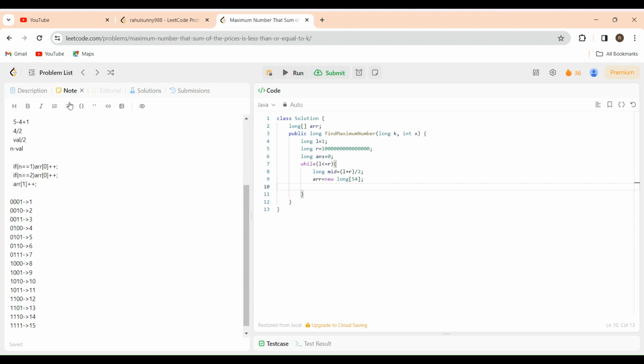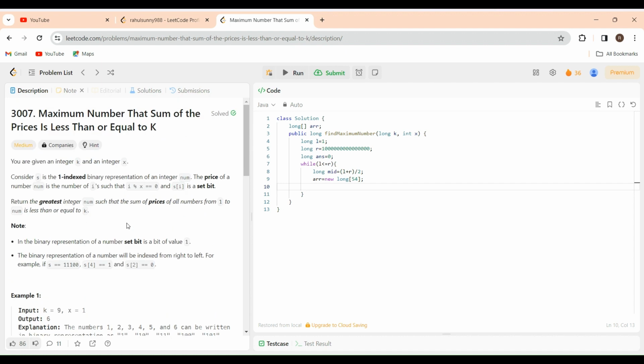Now, as I said, we have to calculate the set bits which are divisible by x, right? And remember that it is one based indexing. So we have to calculate those set numbers only.